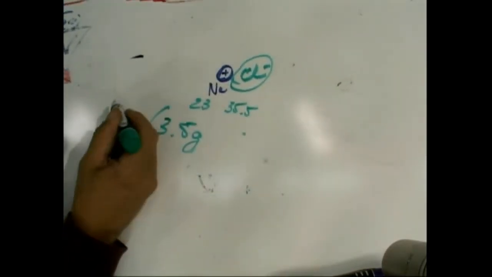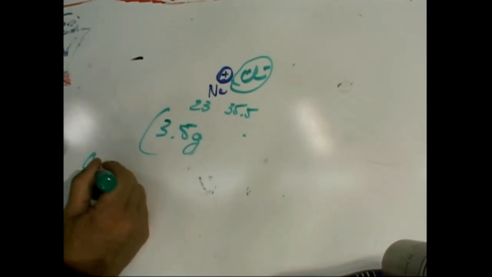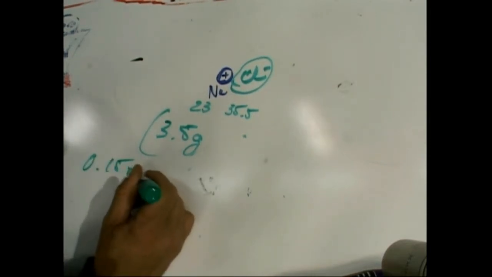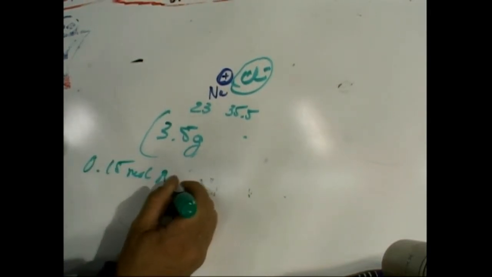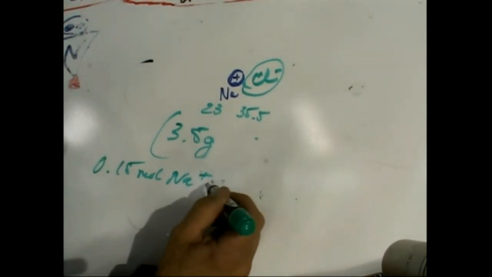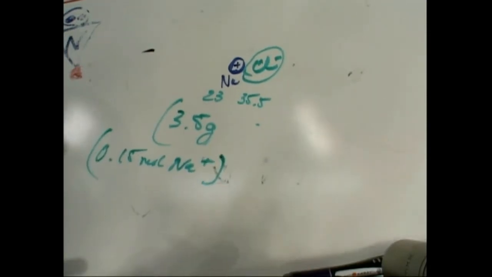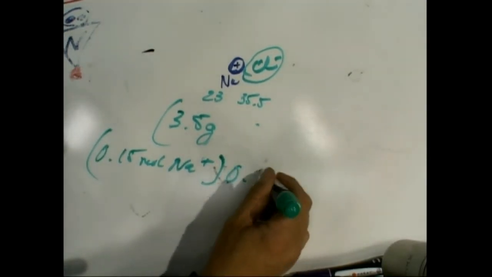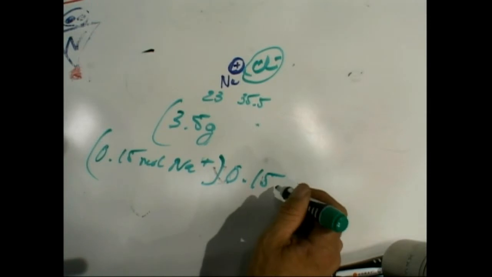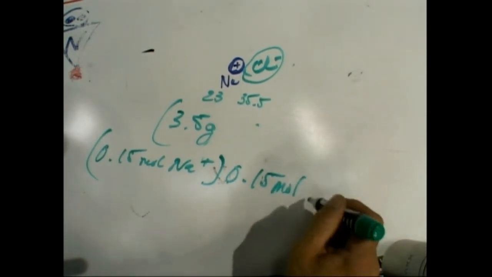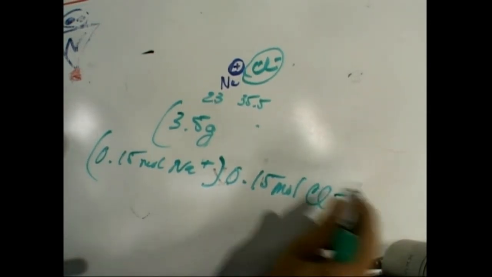Here's how we're going to do this. Take our given quantity. Now, see, now we have moles. 0.15 mole sodium plus ion to 0.15 mole, because it's got to be the same, right? Moles of chloride anion.